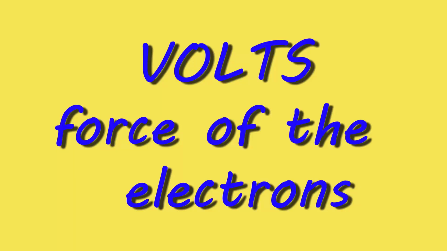This pressure that's exerted to make the electrons flow is measured in volts. The most common voltage that we are familiar with is 120 volts. Most household stage current is rated at 120 volts.